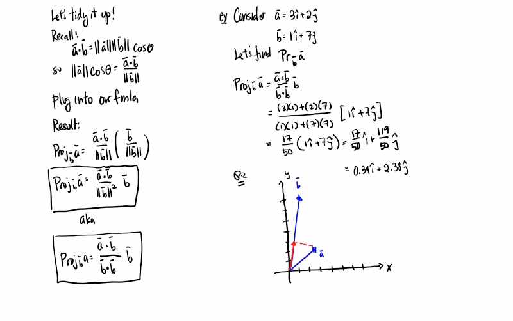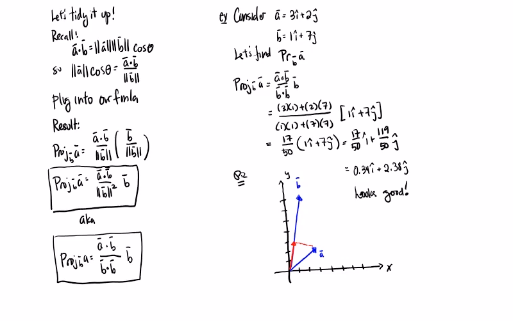We don't need to rewrite these in decimals, but this gives us a feeling for how long this vector is, what its values are. So this is about 1/3 of a unit over and about 2.38 units up. And that's about right. My picture's not perfect, but it looks good. It makes sense. So that's an example of vector projection.